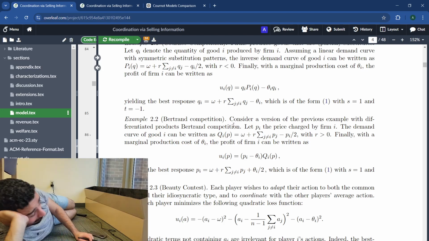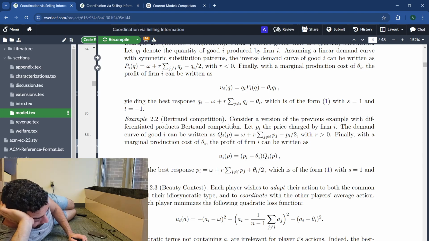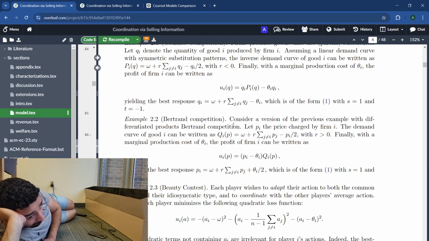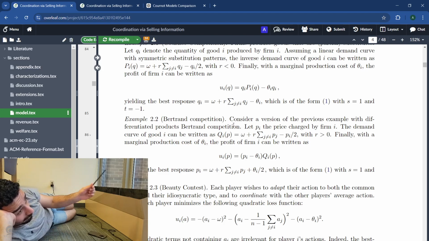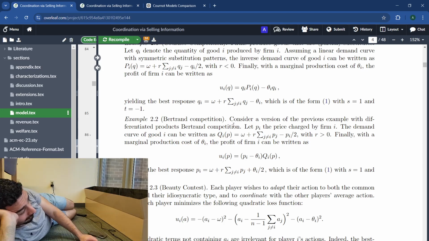In Bertrand, the firms pick the price and the consumer decides how much of each product to use, the quantity.